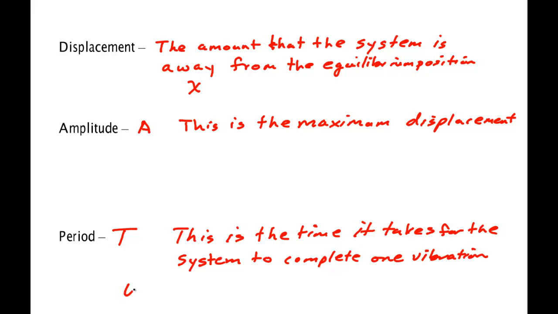Key thing about that is omega times T is equal to 2 pi. So if you know that constant omega, you know T, the period, and vice versa.